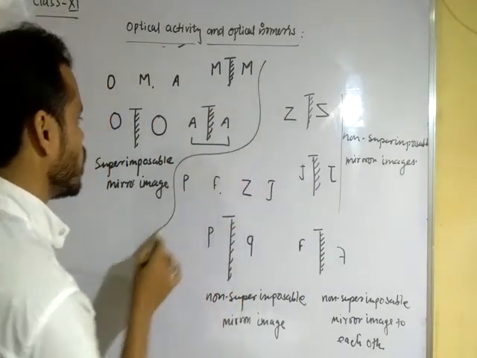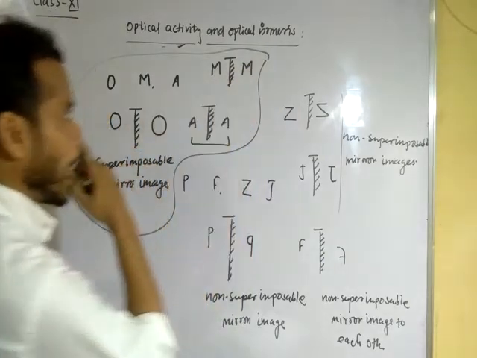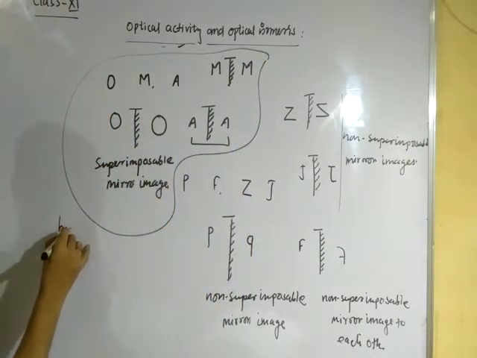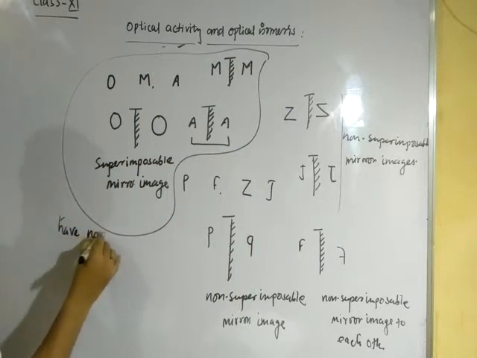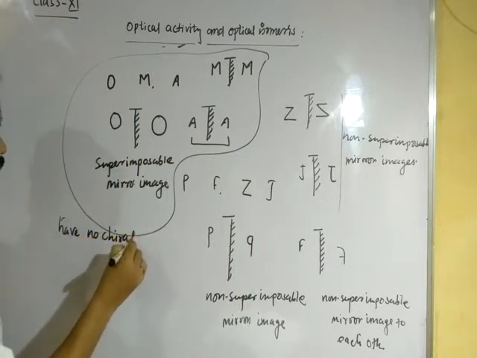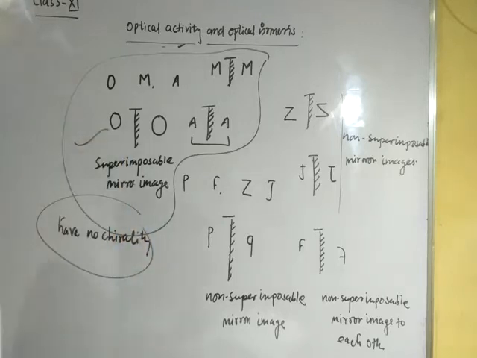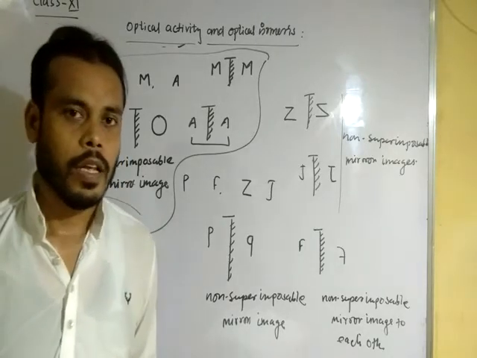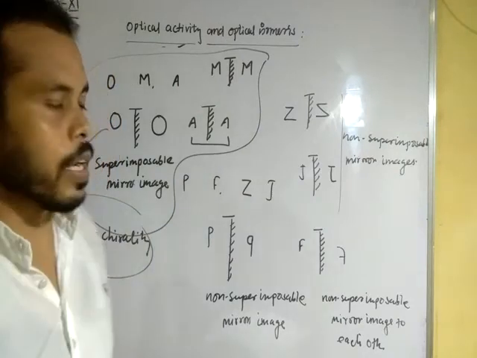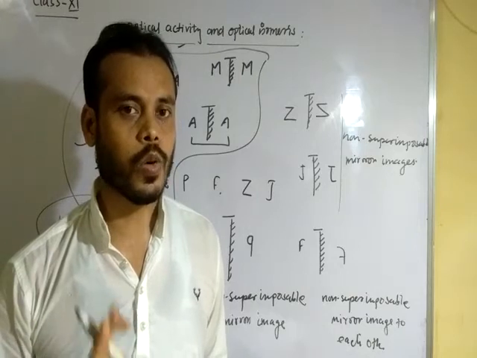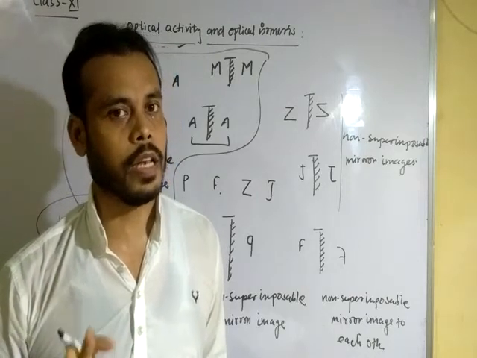The superimposable mirror image compounds have no chirality. That means these compounds are not chiral, and if they are not chiral, they will not have a tendency to rotate plane polarized light.